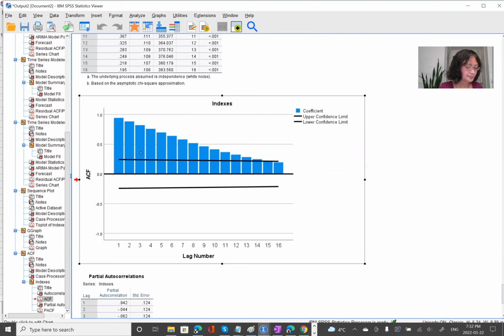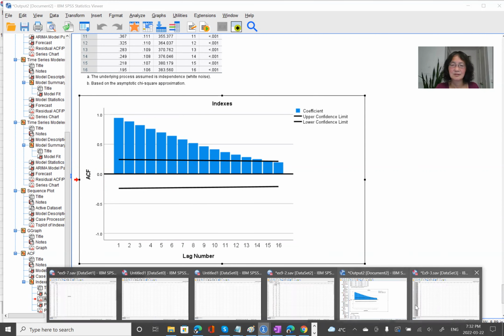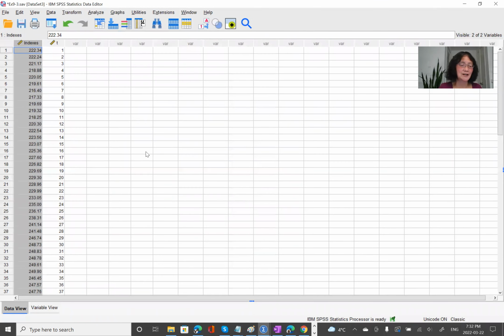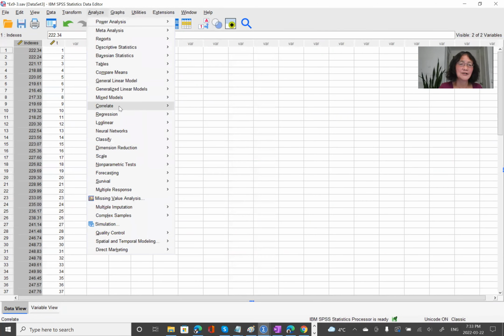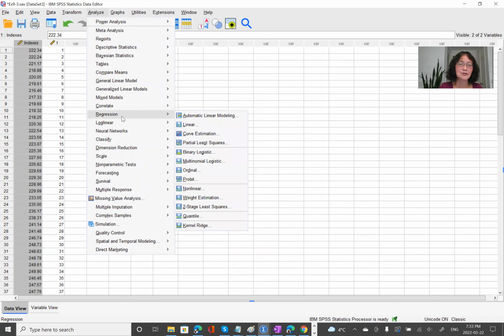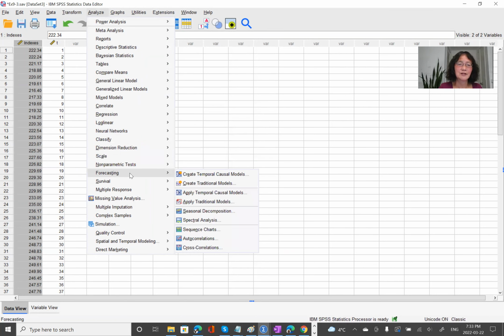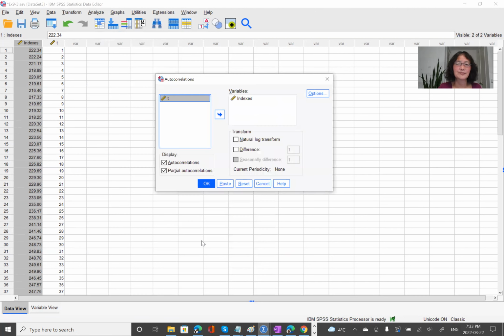All right. Now let's take a look at the difference. What would happen if we check out the difference? This is the original data. We go to Analyze, Forecasting, and then Autocorrelation.